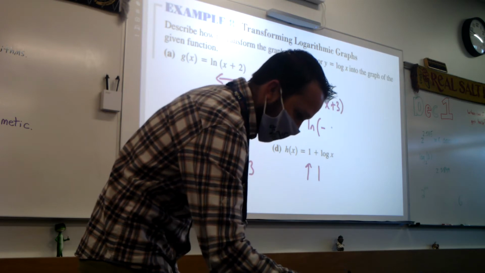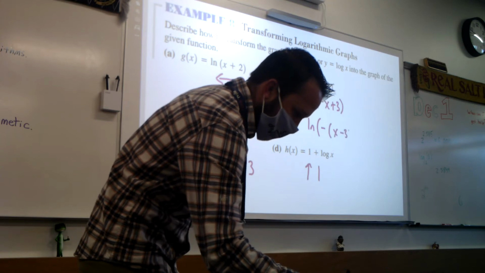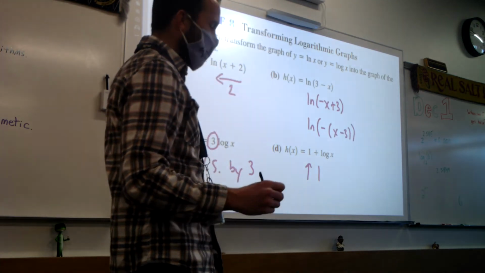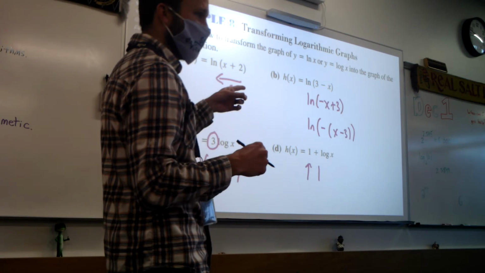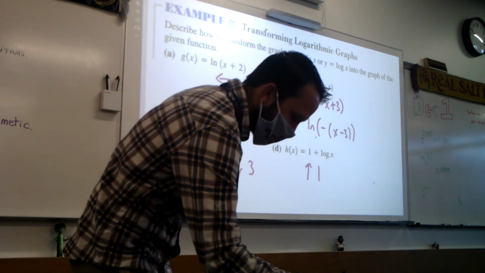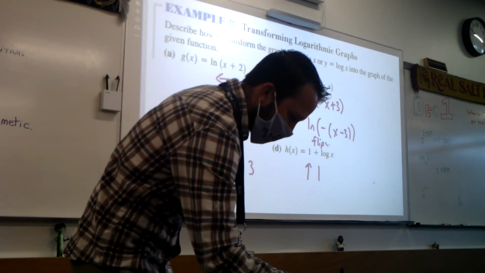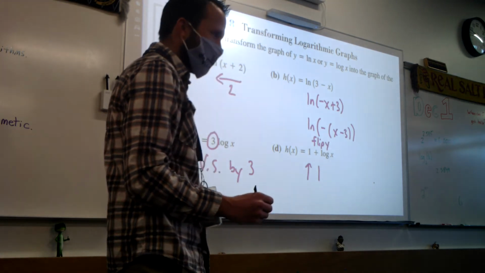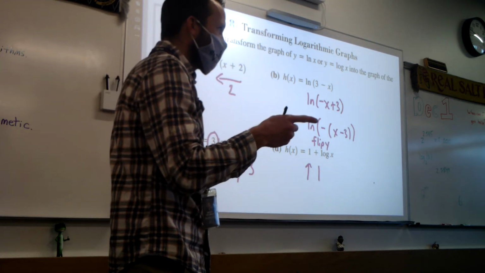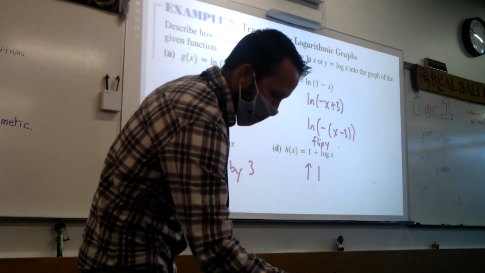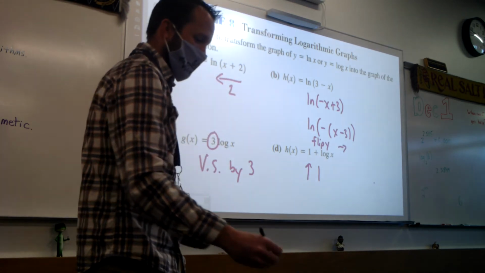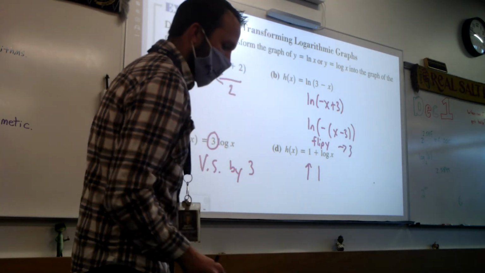Take out the negative, so then it's x minus 3, right? Great. So that's what I have to do there. So what does the negative on the inside do? Flip y. Good. And then what does the plus 3 or the minus 3 on the inside do? Right 3. Good job.